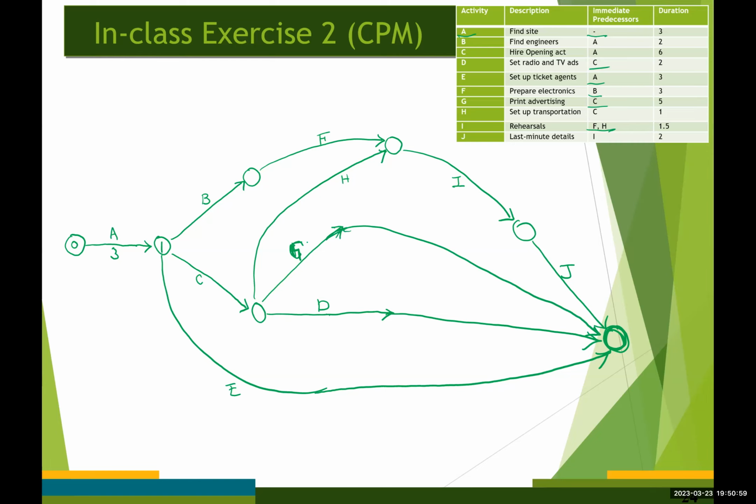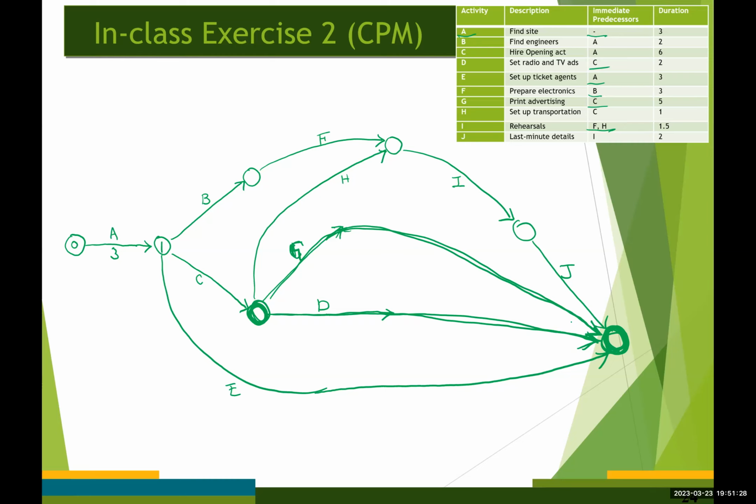But here we have a problem, because if you are looking at these two nodes, these two nodes are connected by these two different arcs. So that's a violation of rule number 3 again.